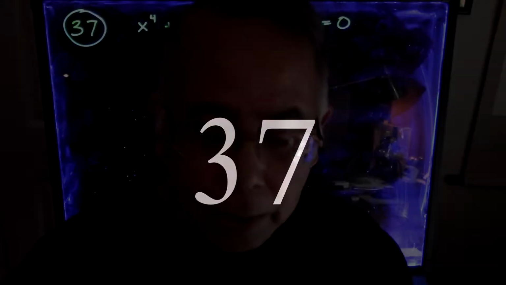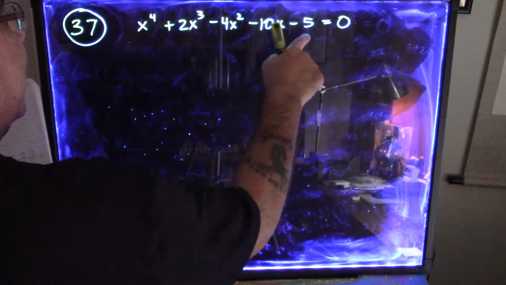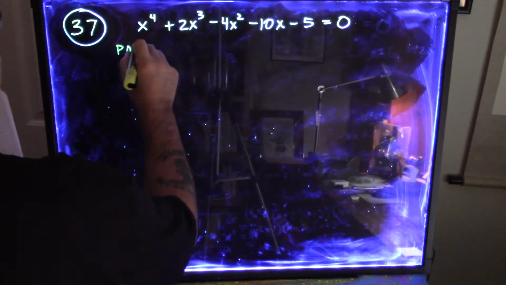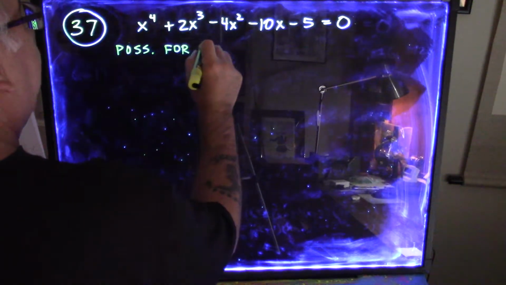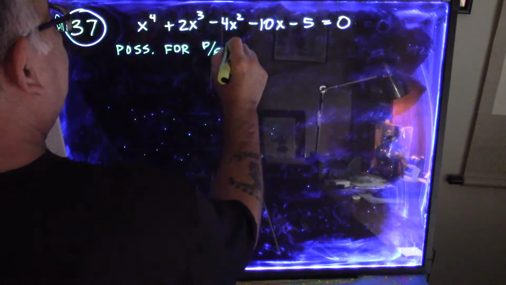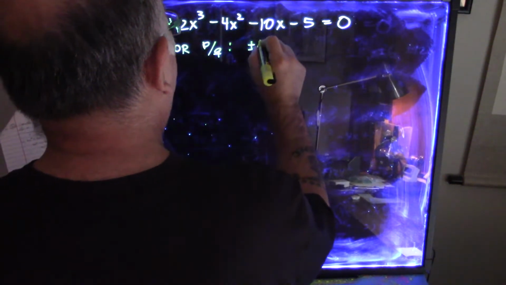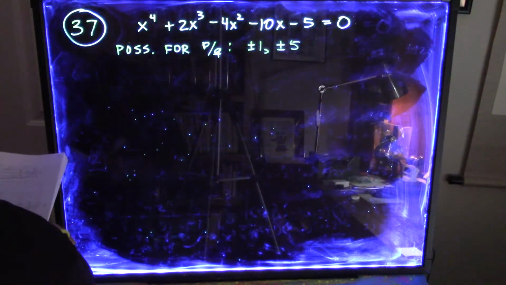Okay, 37. So, since the leading coefficient is 1, all we have to get are the factors of 5 for our possible rational roots. So the possibilities for P over Q are going to be the factors of 5, plus or minus 1, plus or minus 5. Alright.